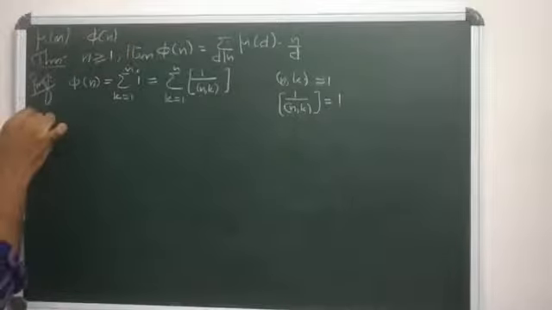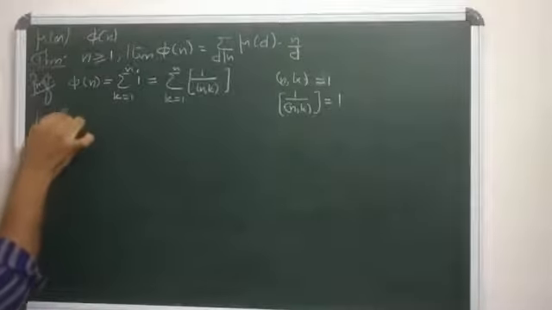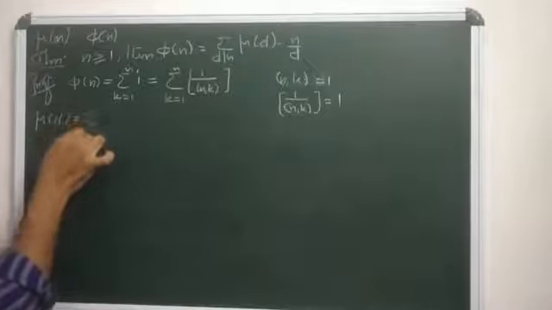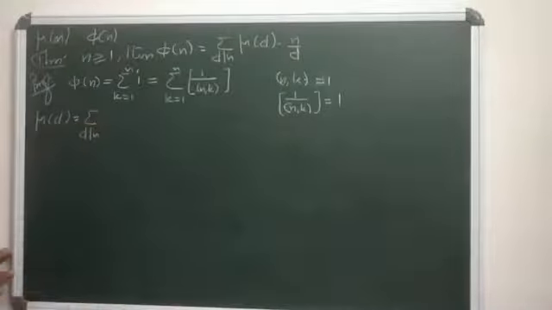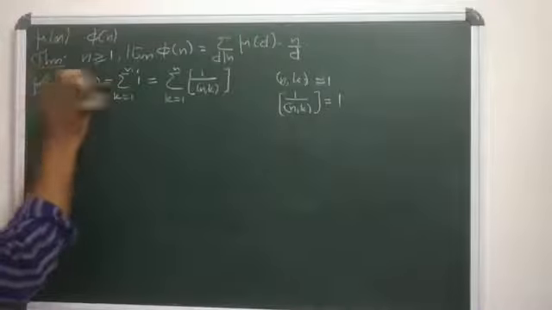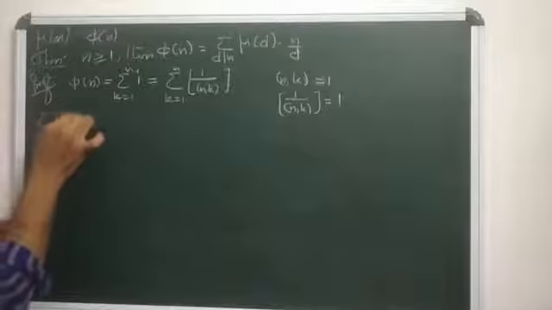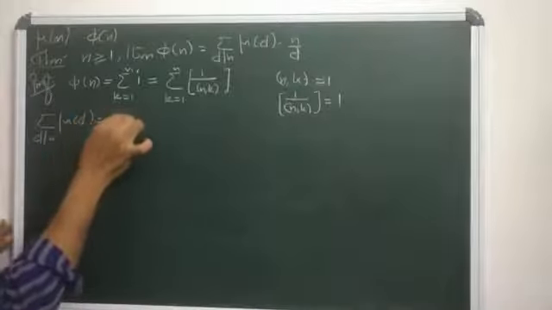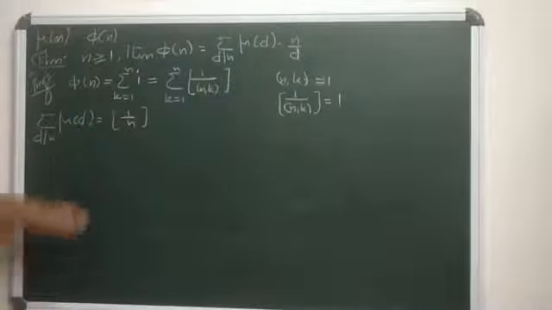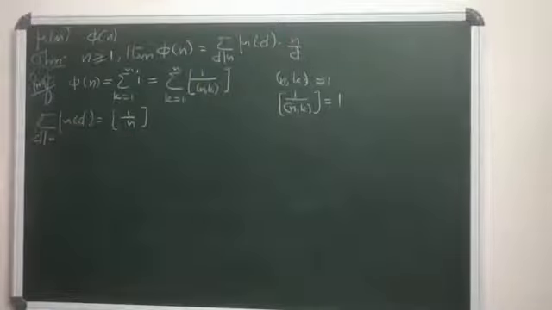We also know the Mobius function result: sigma over d divides n of mu of d equals the greatest integer part of 1 by n. This is a well-known result, already proved.